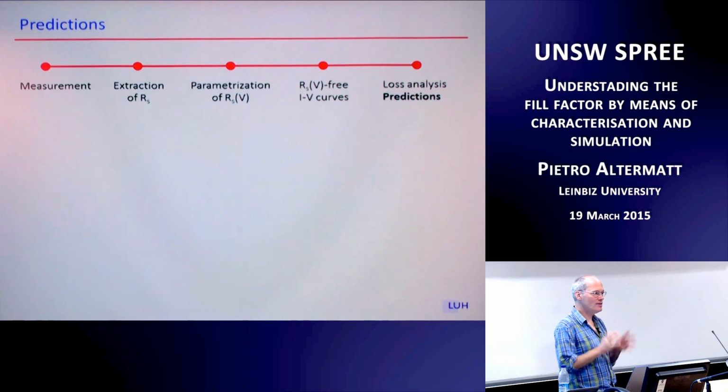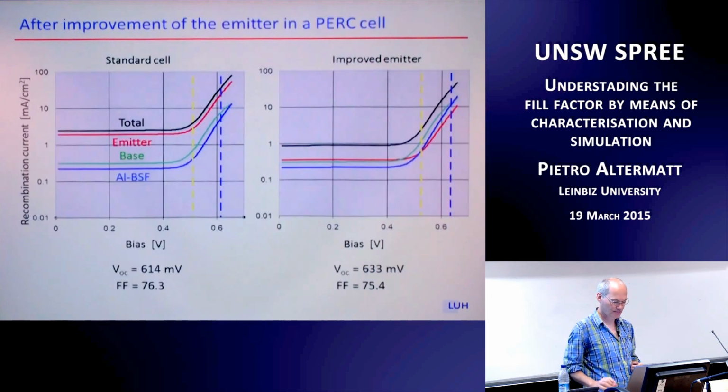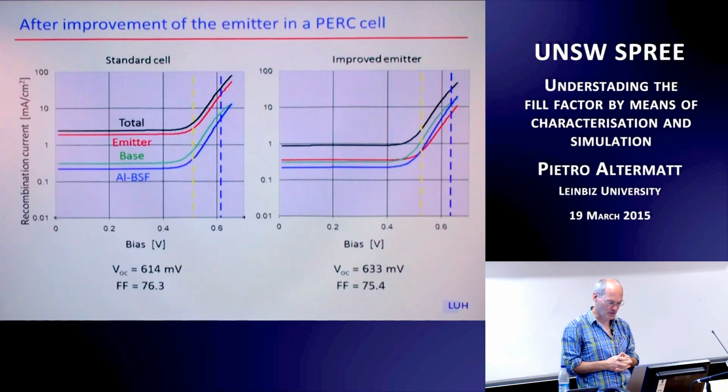Okay, with this kind of basic knowledge, we can actually look at predictions we can do with simulations. So let's say you improve the emitter. And at the right, there's a cell where the emitter is improved. The base and the aluminum back surface fields, be it standard or a PERC cell, doesn't matter, are the same.